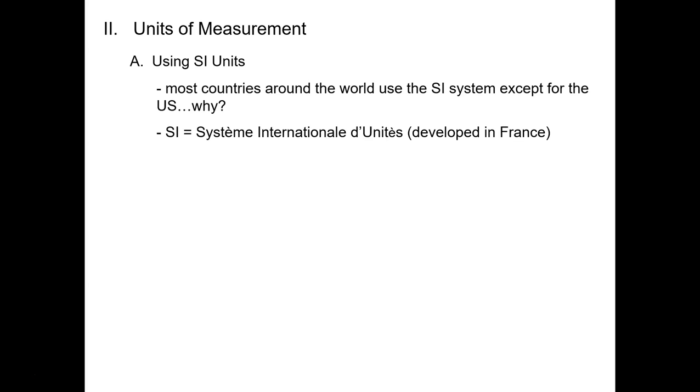So it wasn't but maybe a little over 100 years ago, 150 years ago or something like that, that all the countries finally decided, you know what, this is crazy. Going to each country and dealing with their own set of units. We need to have one system that everybody around the entire world uses. And we're going to make sure that it makes sense and it never needs to be changed, ever, right?